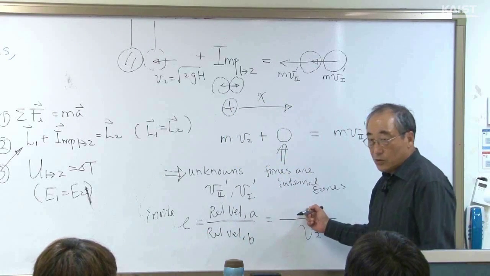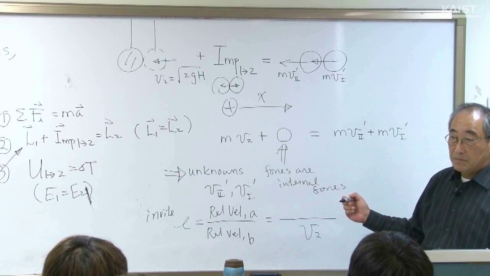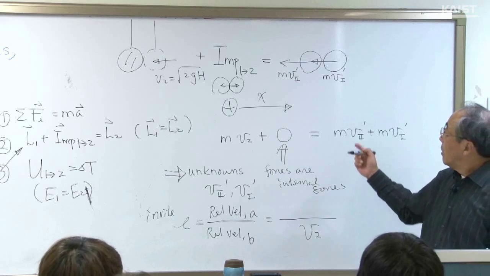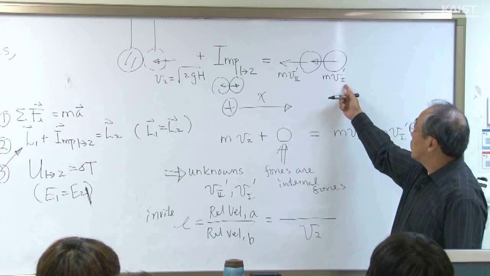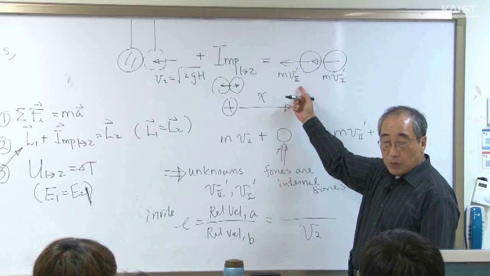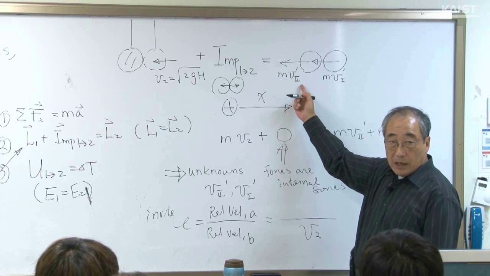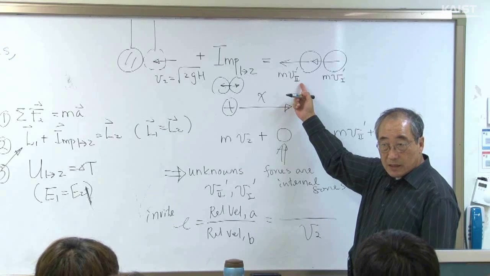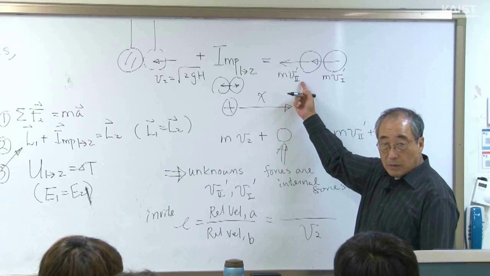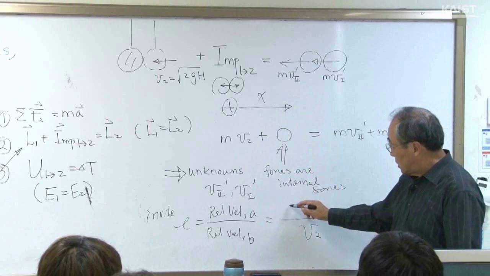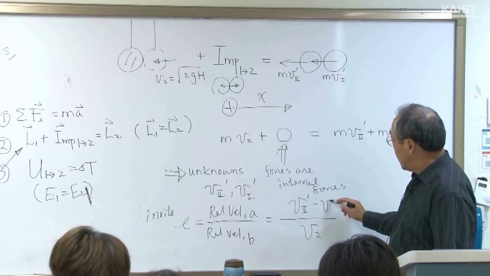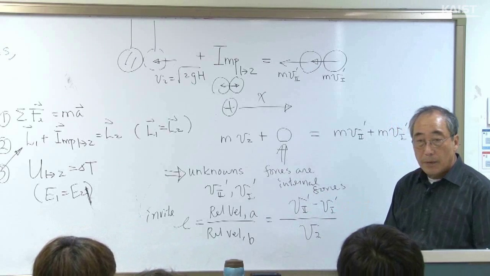What is the relative velocity in this case? Maybe V capital 1 prime is greater than V capital 2 prime. That's not likely possible. Why is that not likely possible? Okay, you can just say V2 prime minus V1 prime.